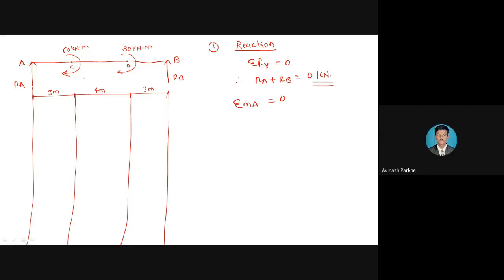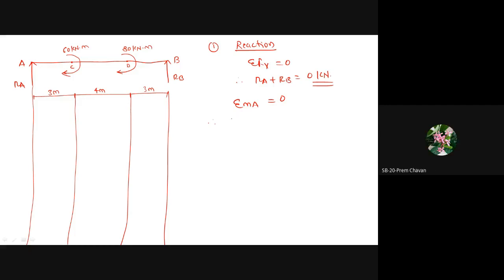But the two couples are also present. One couple is 60 kilonewton meter, another couple is 80 kilonewton meter. While taking the summation of MA, we have to consider the effect of the moment in the BM calculation. The first couple, whether it is rotating clockwise or anti-clockwise?